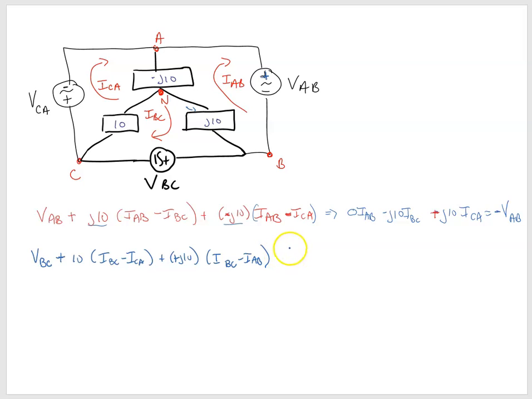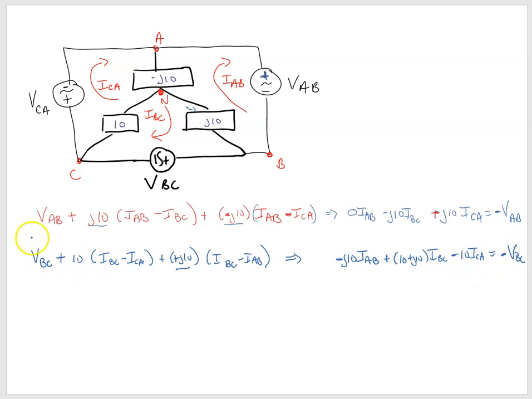So I wrote that a little bit better. So that implies then that, for our IAB, we have negative J10 IAB. For our IBC, we're going to get positive 10 plus J10 IBC, and then for ICA, we just get minus 10 ICA, and that's equal to negative VBC.